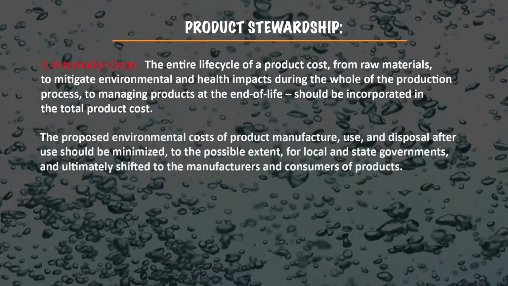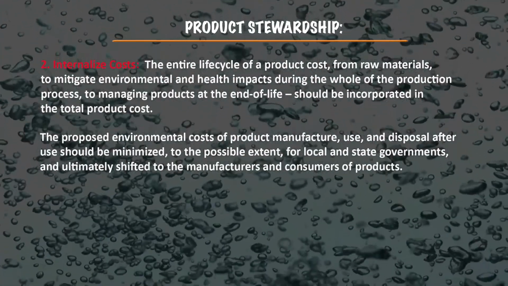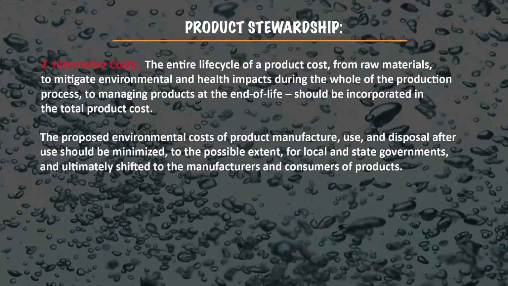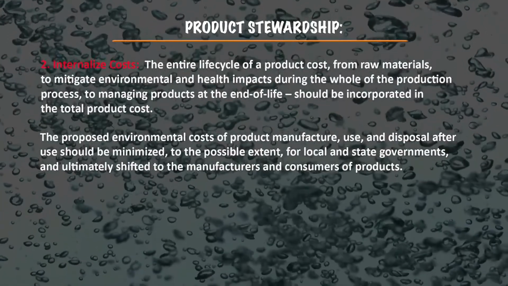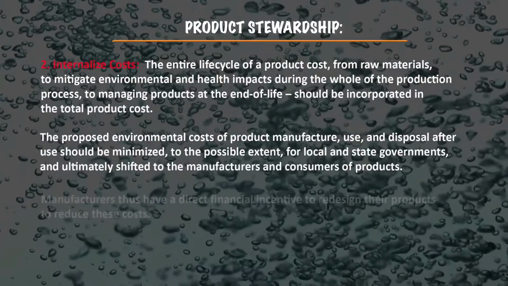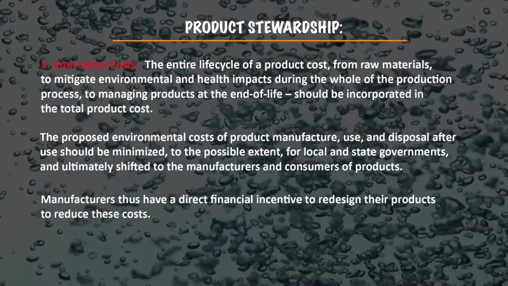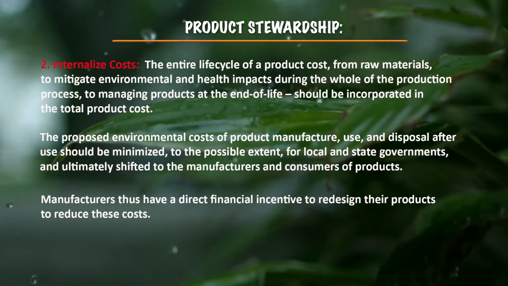So the proposed environmental cost of the product's manufacture, use and disposal after use should be minimized to the possible extent for local and state governments, and ultimately shifted to the manufacturers and consumers of the products. So manufacturers have a direct financial incentive to redesign their products to reduce these costs.